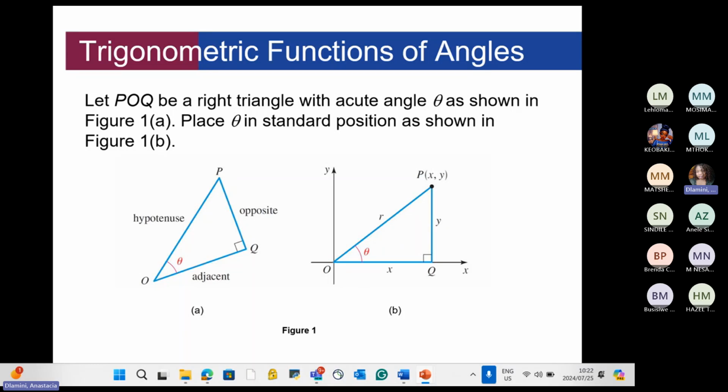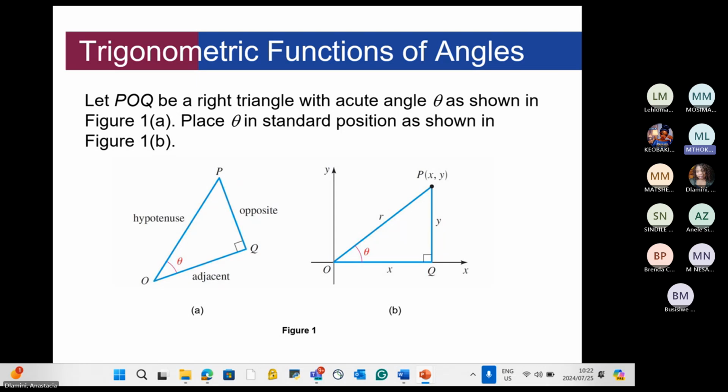Do you remember what a standard position is? When we say an angle is in standard position, guys. Do you remember when an angle is in standard position? Guys, this is just like revision. Standard position starts from OX.